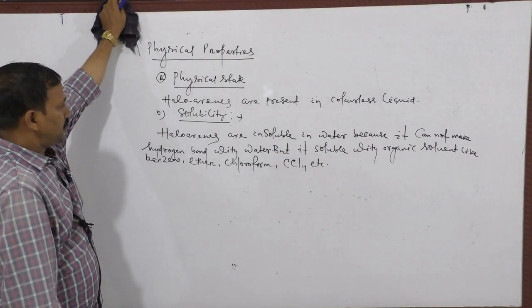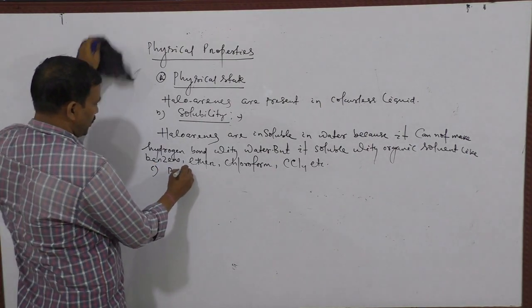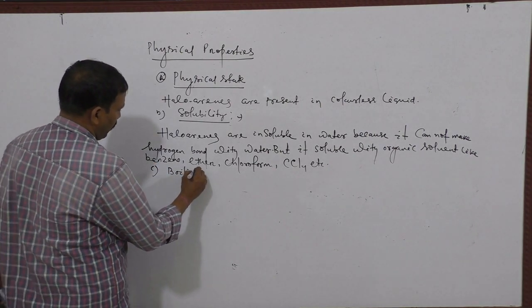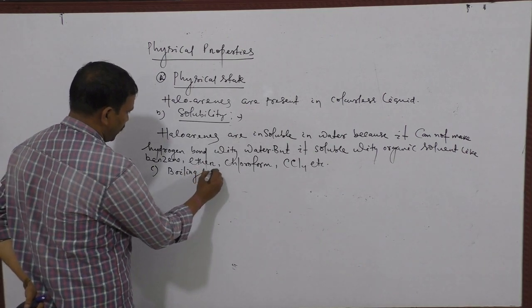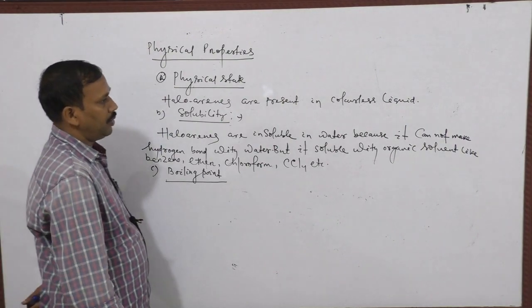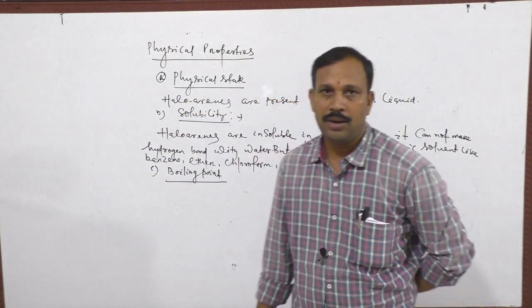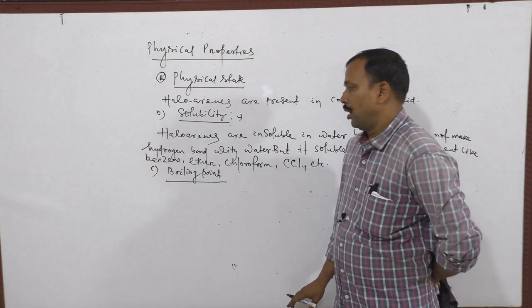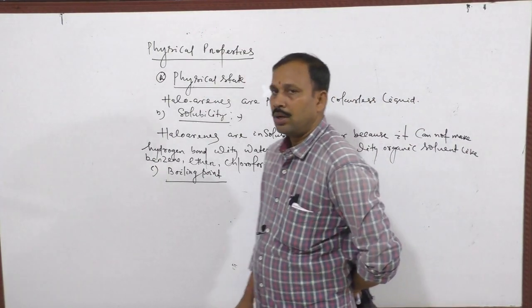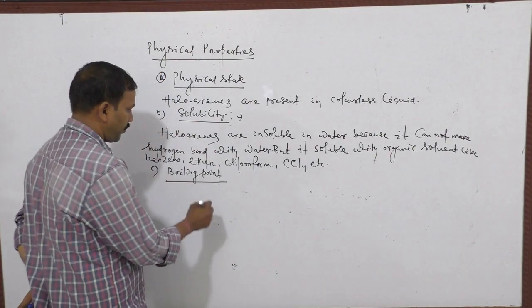Second point is solubility. Now third point is boiling point. The boiling point for haloarene increases with increase in size of halogen atom. Fluorobenzene, chlorobenzene, bromobenzene and iodobenzene.